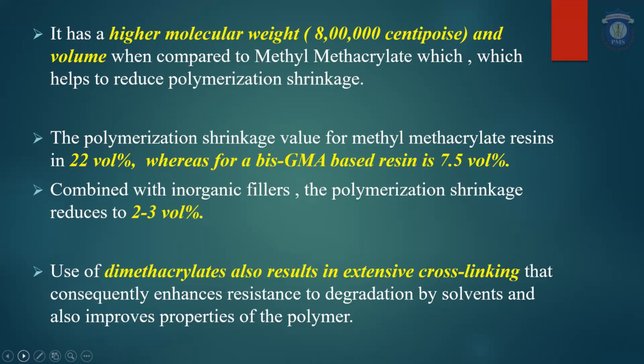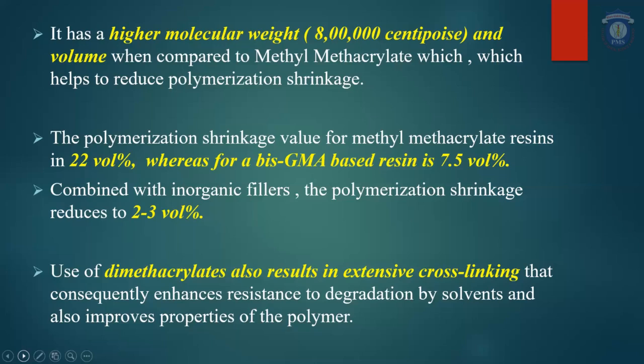This decrease is in the range of angstroms, that is 10 raised to minus 10, when two monomers are combining. But when n number of monomers are combining to form a polymer, this decrease in distance between the monomers results in a reduction of volume, and this reduction in volume will be less if the monomers are very large.